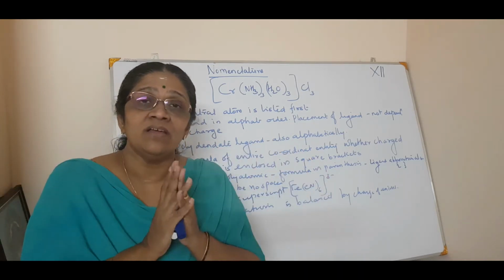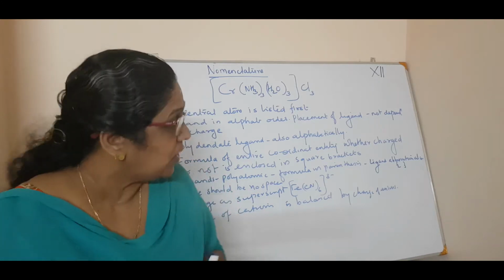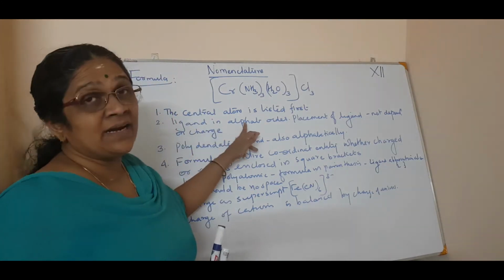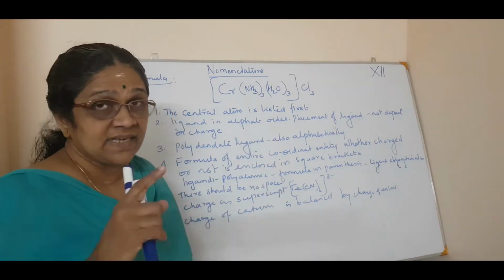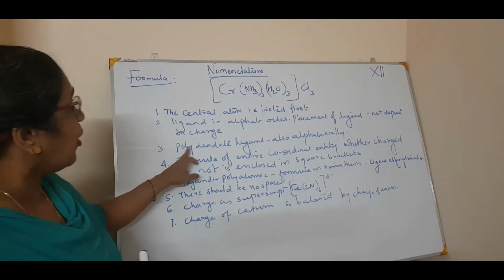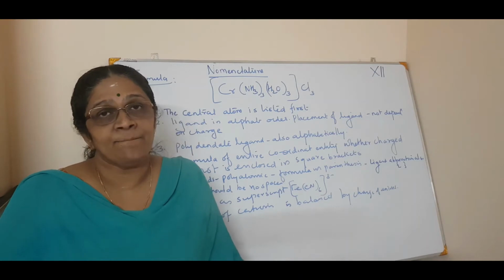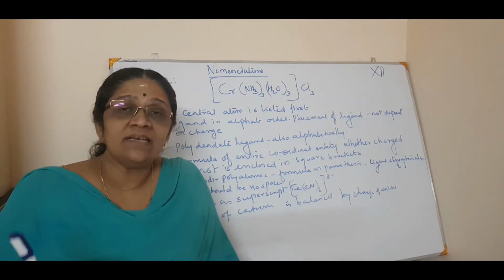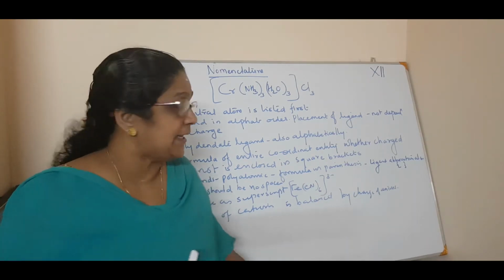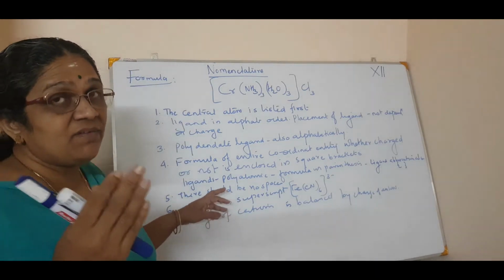That is the second rule. The third rule is polydentate ligands are also written alphabetically. When we take an example, we will come to know.